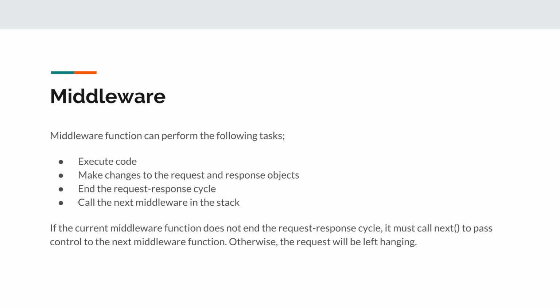So with the middleware we can make changes to the request and response object. For example, a request can come in. We can add a middleware that checks whether the person making the request is logged in, and if we see that a person is logged in, we can add the person's user details, maybe his first name, his last name, all those types of things.